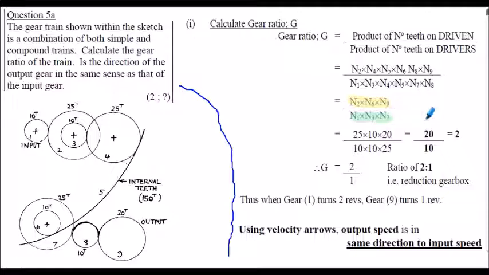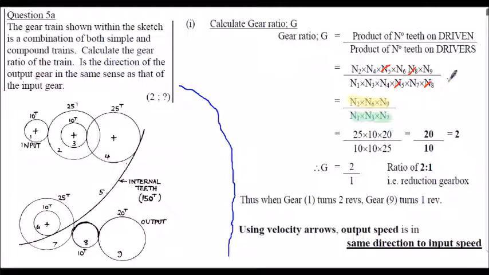It's the driving and the driven that matter. So you put it in, like I did up on my little diagram here. If I put it in, it will cancel out because I've got N5 on the top because it's being driven, but also N5 is driving, so it cancels itself out. And you should find the same with 8 as well, because 8 is being driven by 7, but 8 is also driving 9. So 8, I put it in on my top line, but it's cancelled with the term on the bottom line.